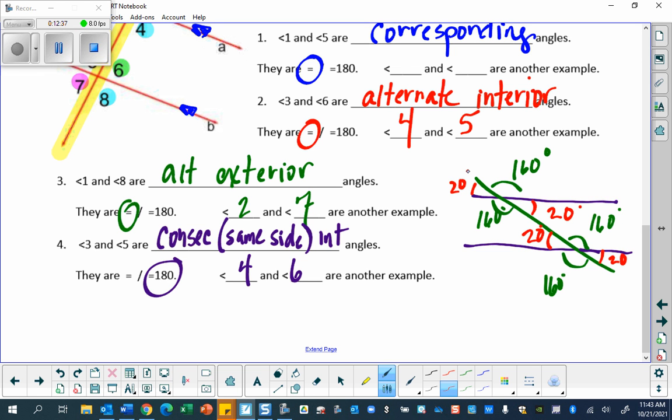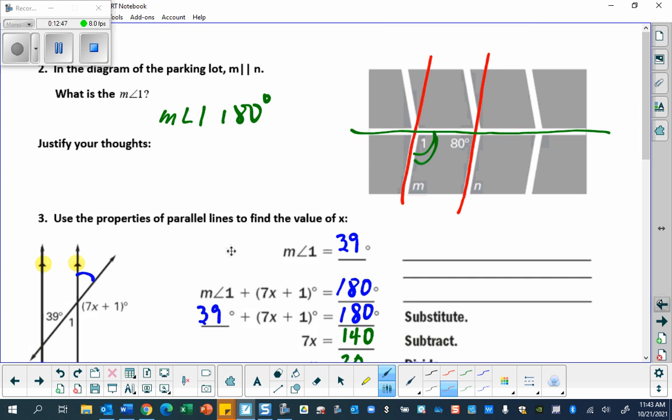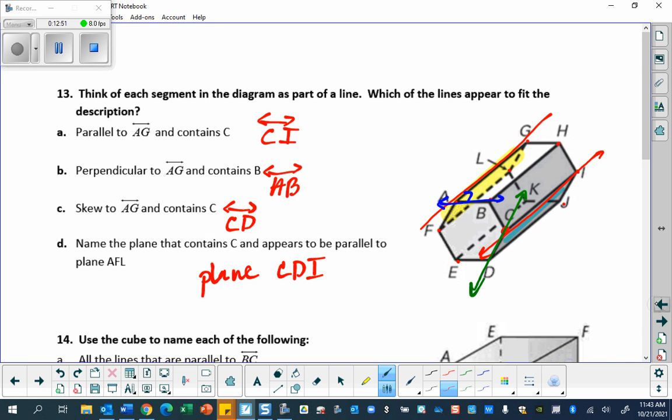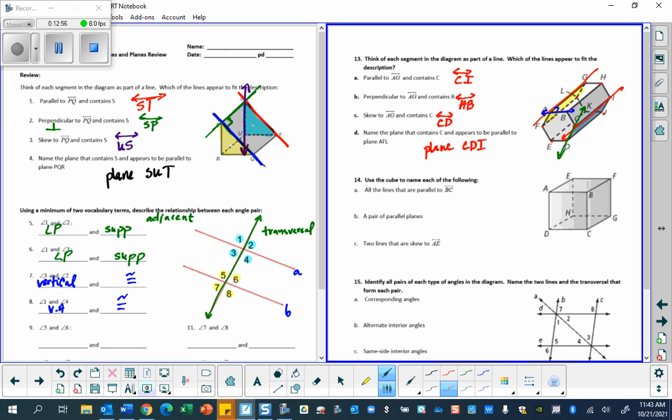Okay. Take out, please, your 3 pieces of paper I gave you last class. You had 3.0 and 2 note pages, 3.1 A and 2.1 B. Your first note page was where we talked about and reviewed parallel, perpendicular, and skew.